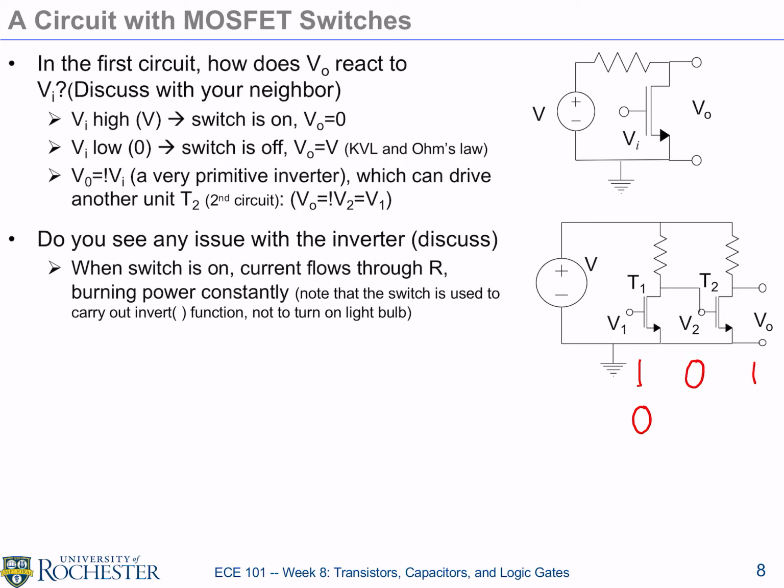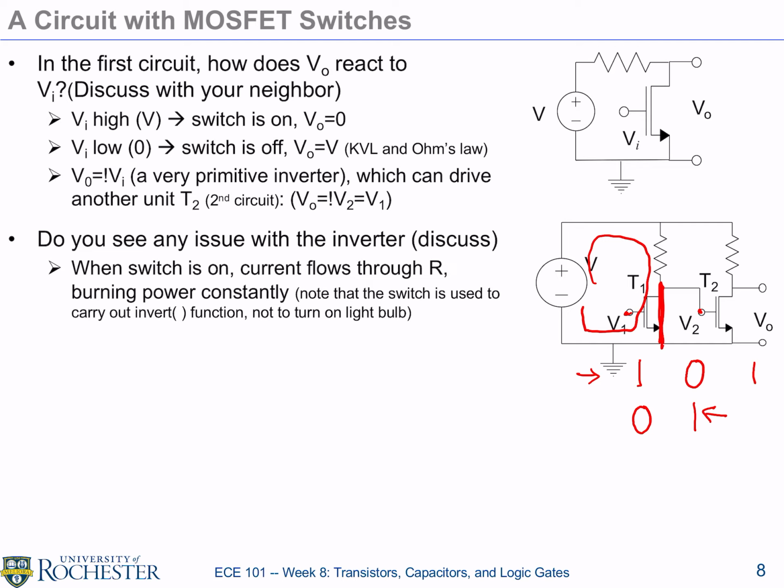V2 is going to be 0. If it's 0, V2 is going to be 1. So one of the devices, either this one or that one, has a high voltage controlling the channel. Let's pretend it's this one, which means it is short-circuited, or connected. The switch is on. Then there's going to be a constant current flow in that circuit.